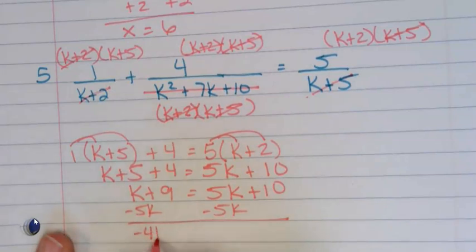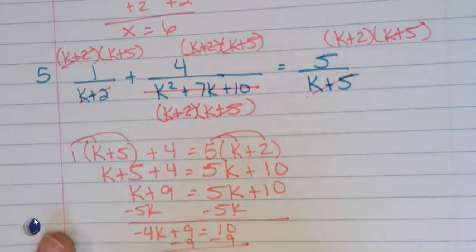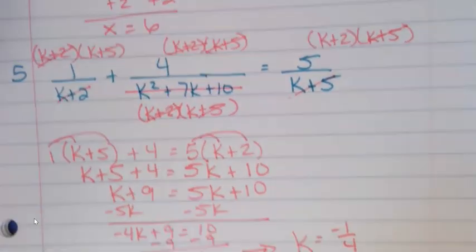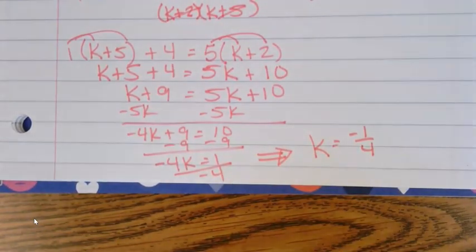I'm given negative 4k plus 9 equals 10. Subtract 9. Negative 4k equals 1. Divide by negative 4, and k equals negative 1 over 4. Okay, so not too bad. We just have to be careful.